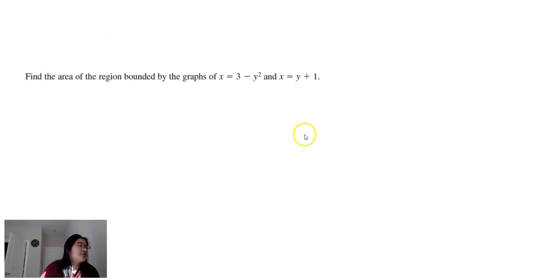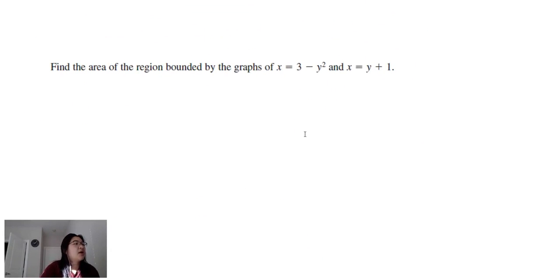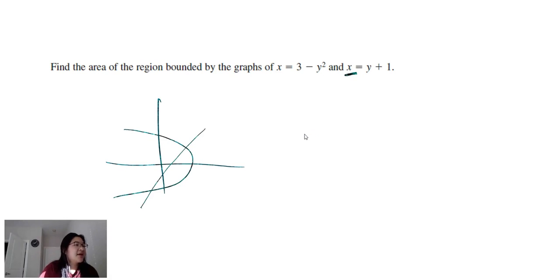Alright, so finding the area bounded by the graphs x equals 3 minus y squared, which is that, and x equals y plus 1, which is that. So since we have our x equals, that probably means that it's easier to handle going in the horizontal direction because what we're changing is y.